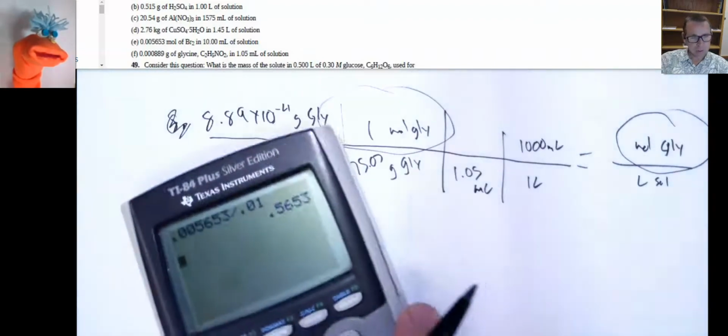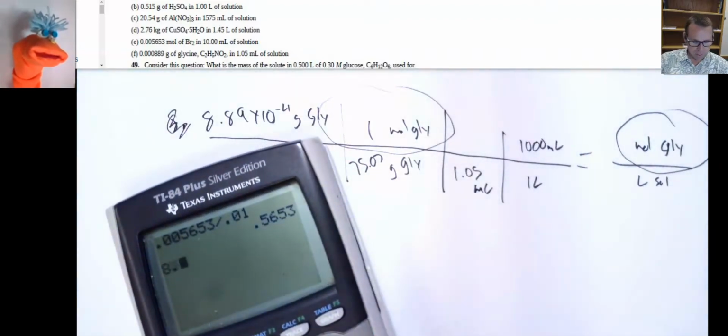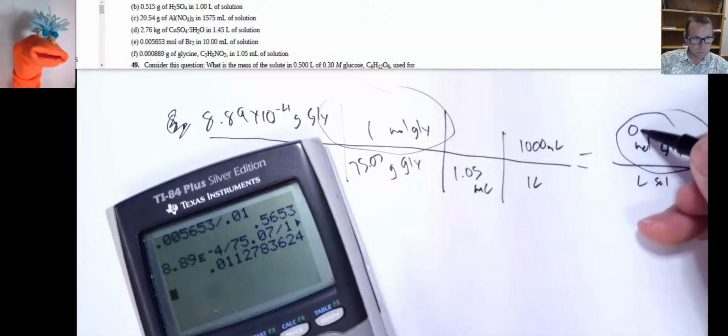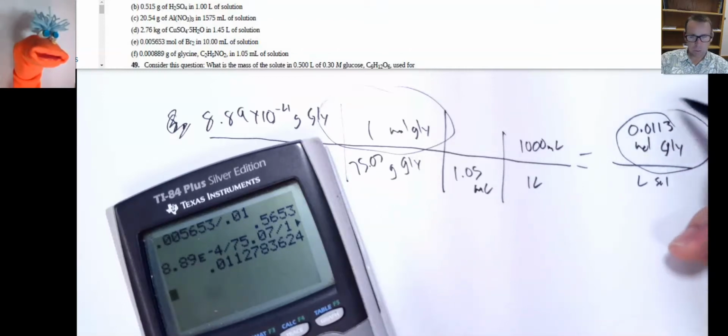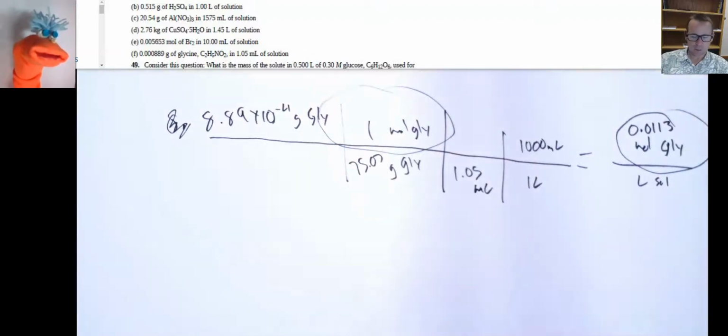Okay, so 8.89 times 10 to the minus 4 divided by 75.07 divided by 1.05 times 1,000. So 0.0113 molar glycine in solution. Okay.